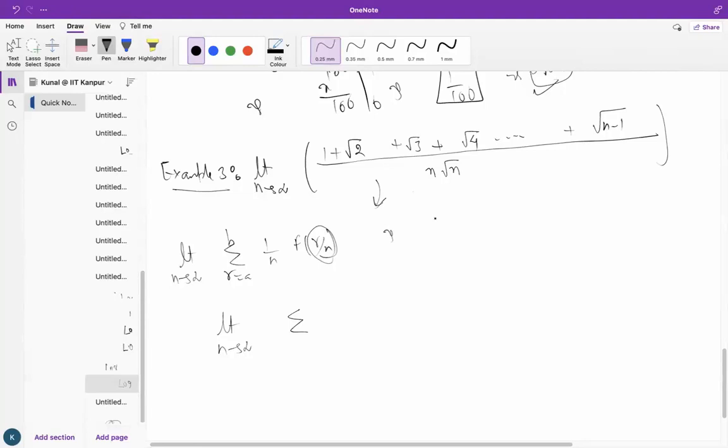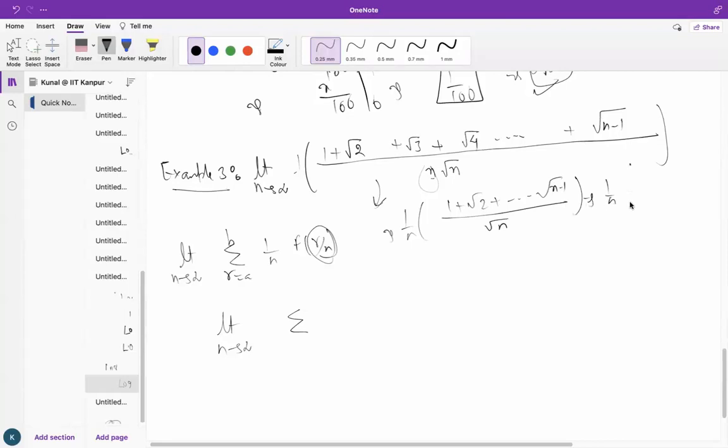If you look here, 1 by n is already there, since n is present. So we get 1 by root 2 dot dot dot root n minus 1, divided by root of n, right? I hope you understand what I'm doing here.